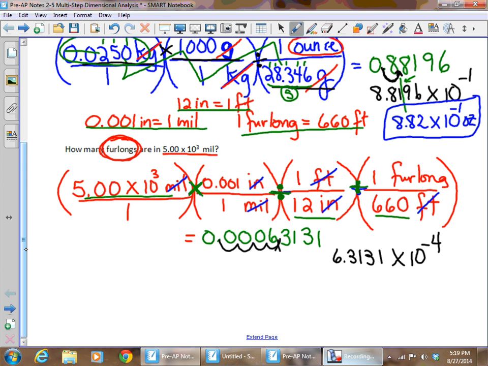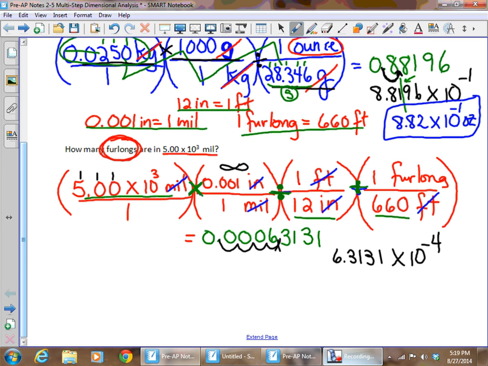So I look for the sig figs, and the first number always counts for sig figs. Looks like in the first number I have 1, 2, 3 sig figs. It's in scientific notation, so all those digits are always significant. In this next value, I told you this was exactly 0.001 inches, which means it has an infinite number of zeros after it.